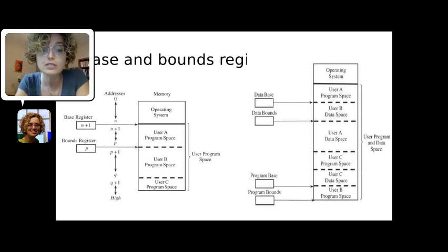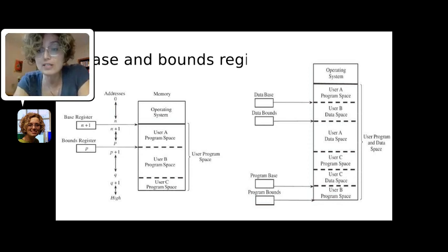Now that's pretty good. It can handle multiple users, and the registers can change. But again, what if a user is writing a program and the data that their program is trying to access is out of the user space, out of the base? Then there would be issues. So that's why another set of registers was created, and these were called data base and upper bound registers, and program base and upper bound registers.